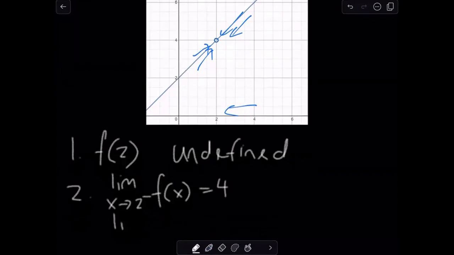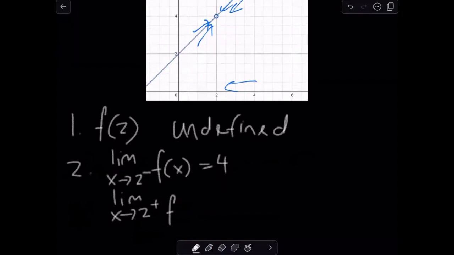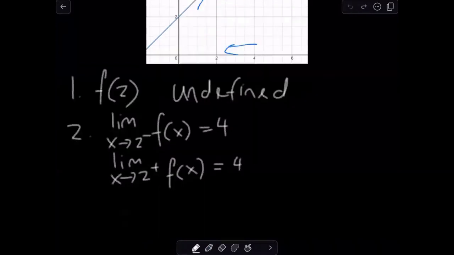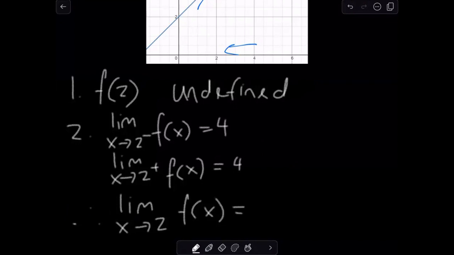So we will have the limit as x approaching 2 from the right-hand side of f of x equaling 4. And since these two one-sided limits are equal, the full limit also exists. Therefore, the limit as x approaches 2 of f of x, that's also equal to 4.